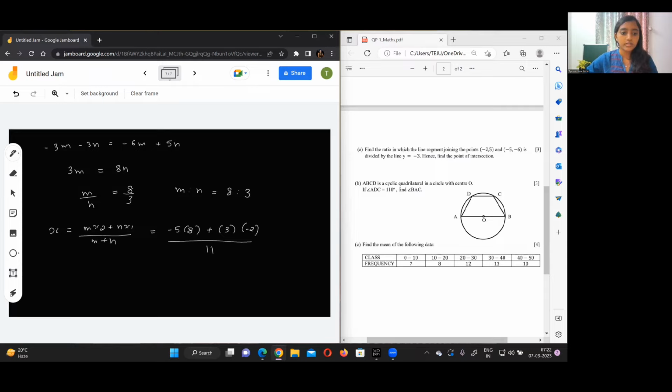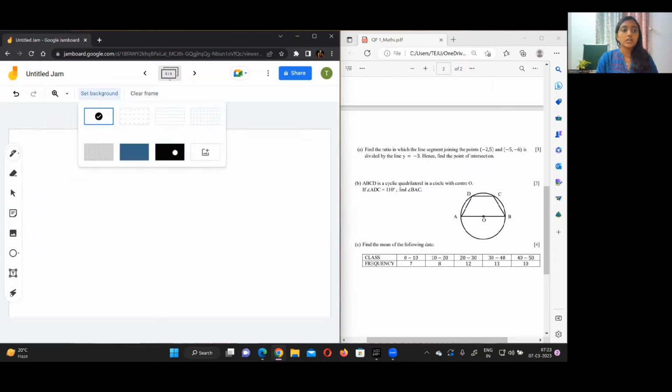So you get -40, 3 2s are 6, -46 by 11. So your point of intersection would be (-46/11, -3). So that is your final answer, right? This is a very simple question and it's for 3 marks. Let's go on to the next question.